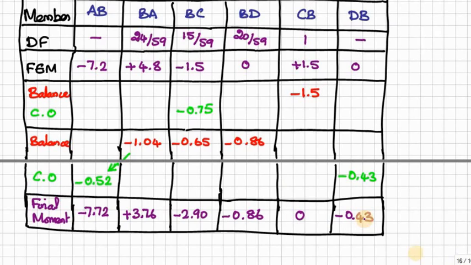And remember, at joint B we have three members meeting. Therefore, the net moment should be equal to 0. Here plus 3.76, here minus 2.90, here minus 0.86. So it is equal to 0. This is a fixed support. This is the hinged support, therefore 0 moment. Final moment is 0.